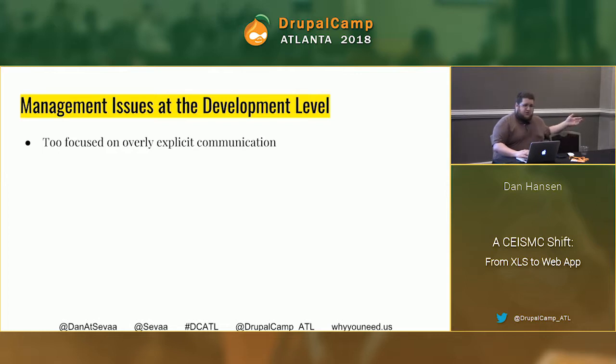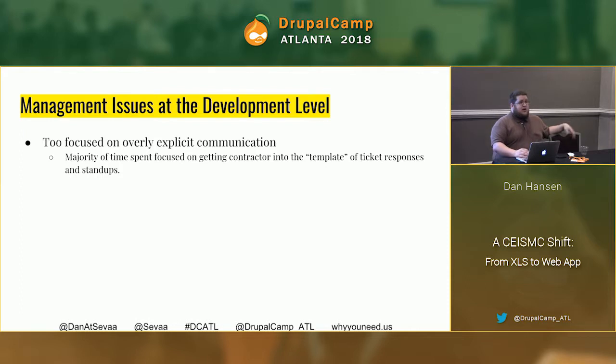Some of the major issues that we had were I was too focused on overly explicit communication. This contractor came on board and wasn't updating tickets as regularly as I wanted and wasn't providing information as often as I wanted. And I made it a mission to make sure this guy was going to give me every scrap of information I needed so that I could have my reports to my superiors, the project manager and the owner of the company, so I could let them know what's going on.